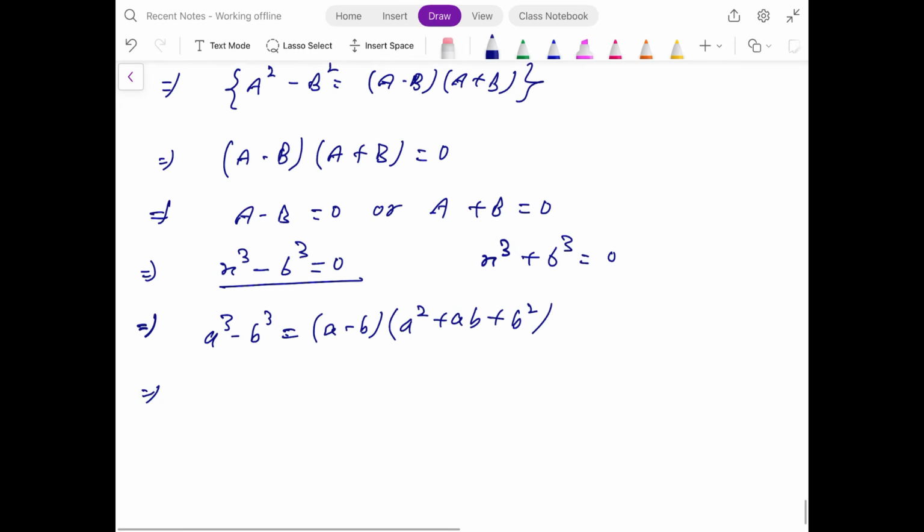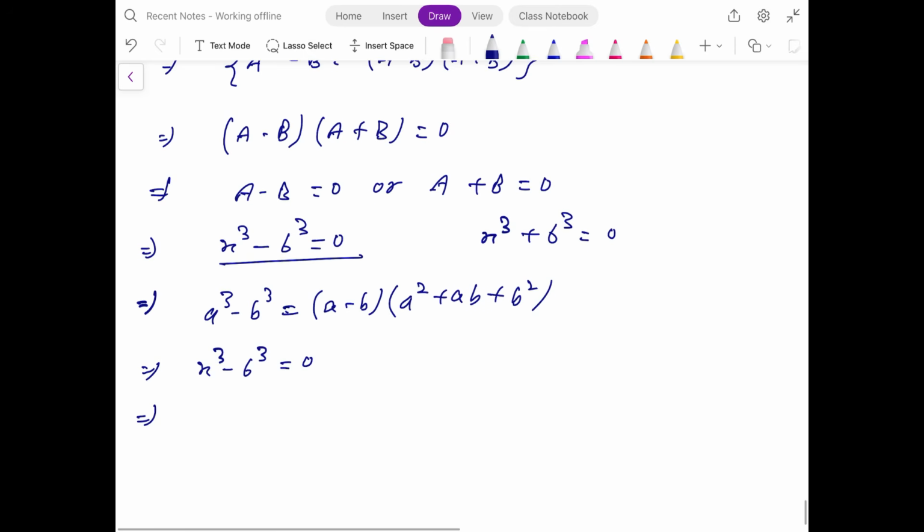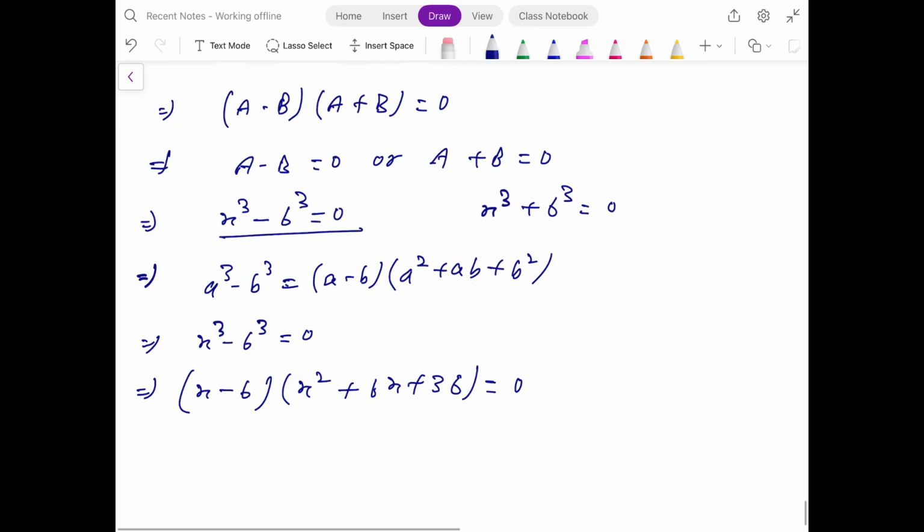If we consider x as a and 6 as b, then x^3 minus 6^3 equal to 0 will be given as (x minus 6) times (x^2 plus 6x plus 36) equal to 0.